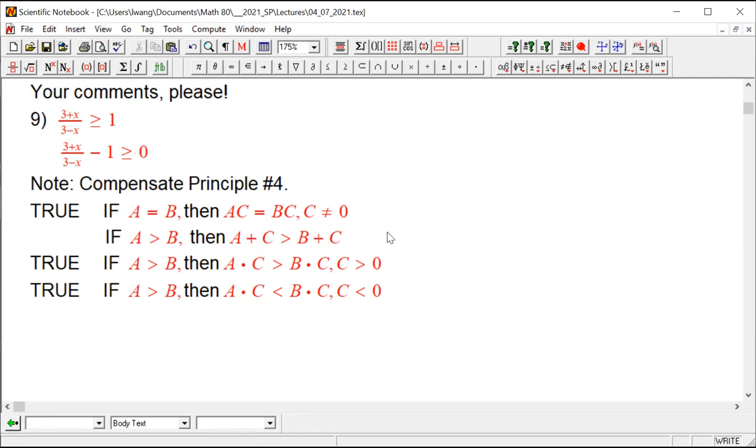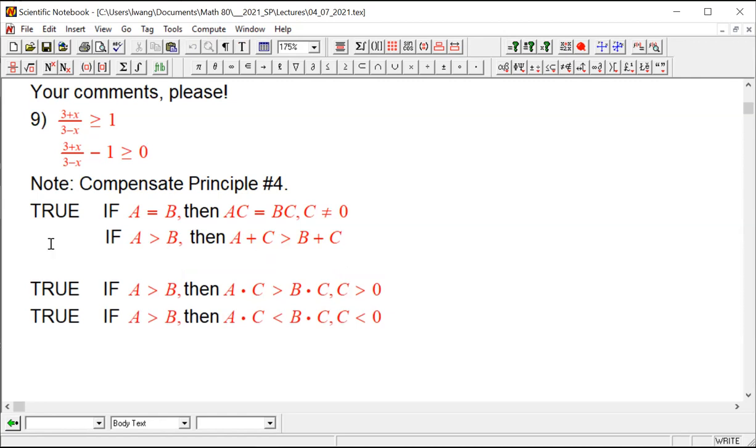Minus is the same thing. Subtracting is still true. If it's less than, it's still less than. So when you're adding or subtracting, there's no switch.